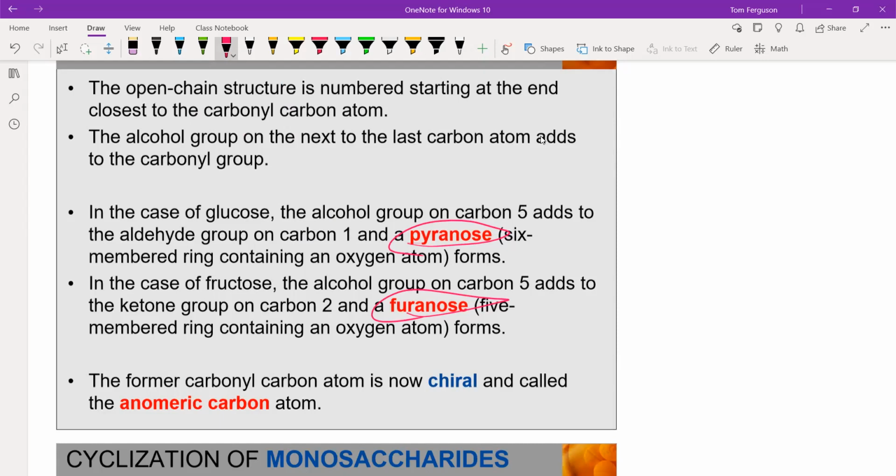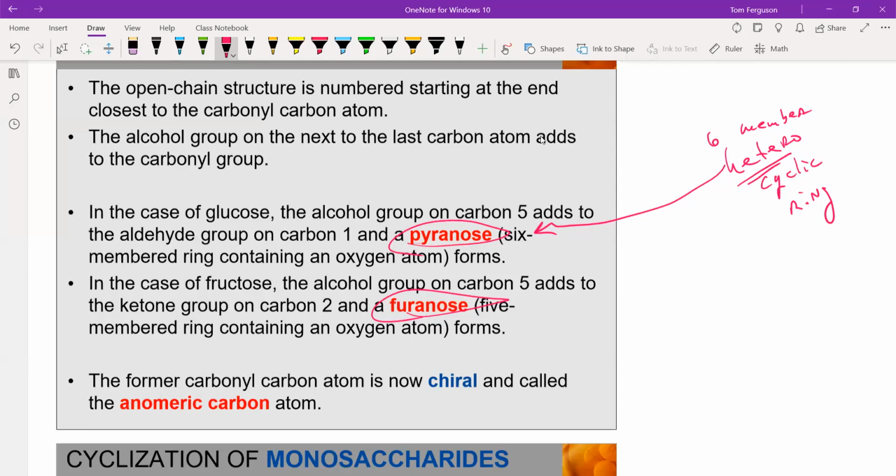A pyranose is a hetero... let's spell hetero. Okay, so a pyranose is a 6-membered heterocyclic ring.